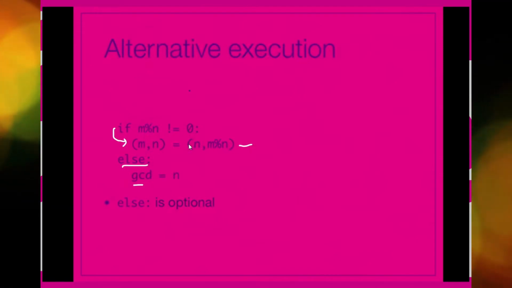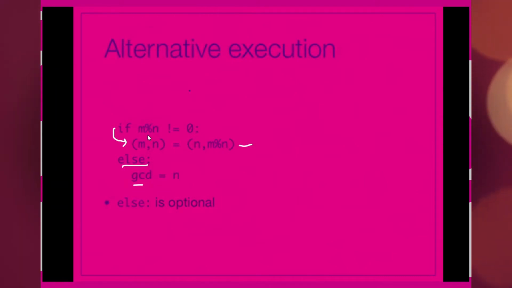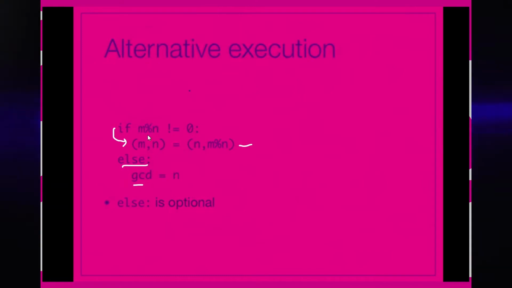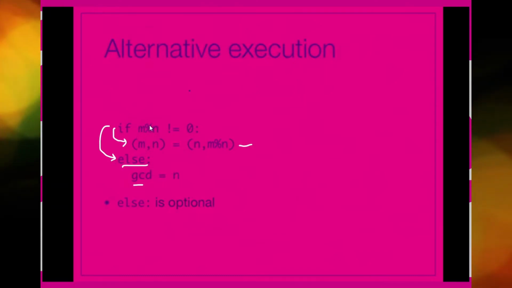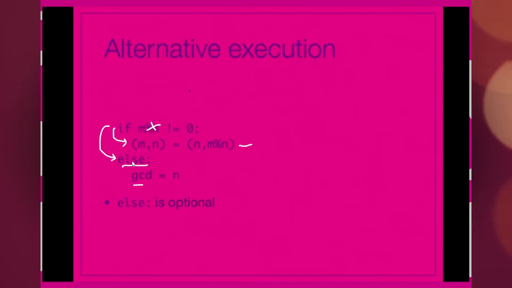But if m divided by n is 0, that is, my remainder is 0, then I'll go directly to the else condition and I won't go for if, because my if condition is not satisfied. So that is why I'll directly go to the else condition.